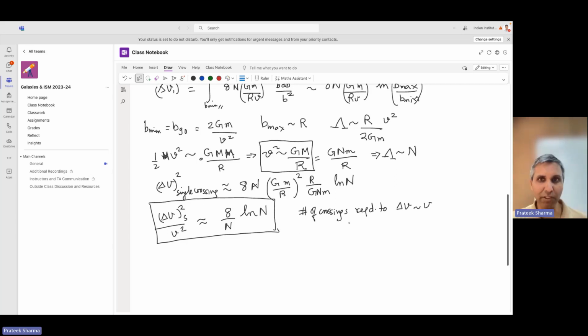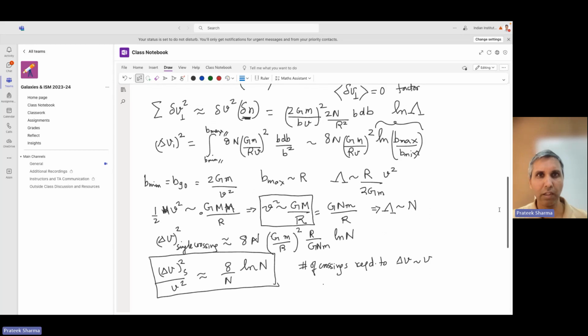So the number of crossings required for this would be, so this is in a single crossing. We know that this is a random walk process. We have already written this down, right?